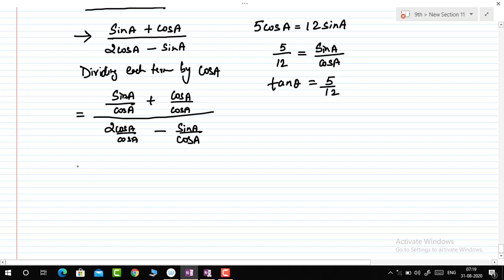Sin A upon cos A is tan A. So tan A plus 1 upon 2 minus tan A.